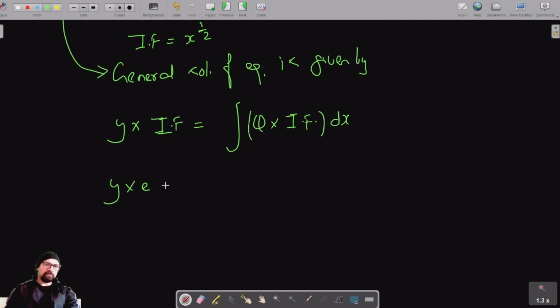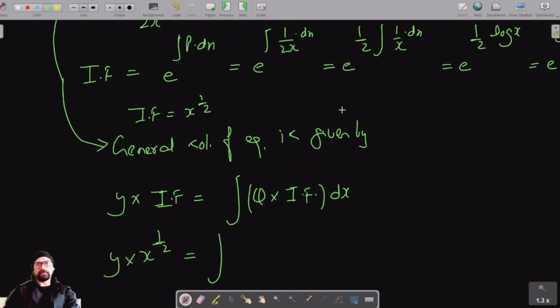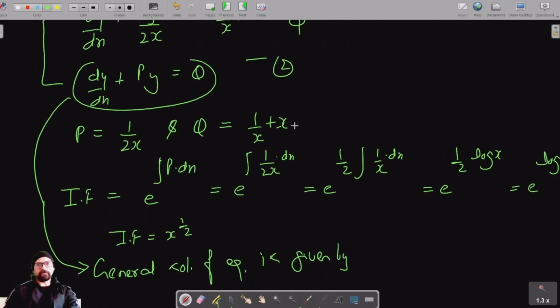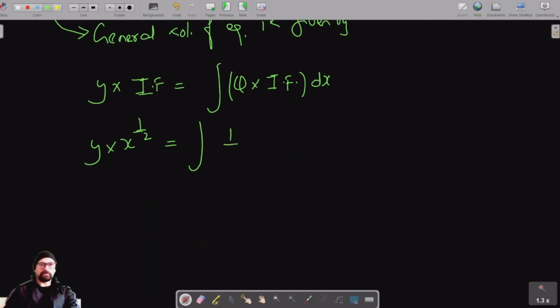So the integrating factor is x raised to the power half, and q is 1 upon x plus x. So this is 1 upon x plus x, and the integrating factor is x raised to the power half, into dx.